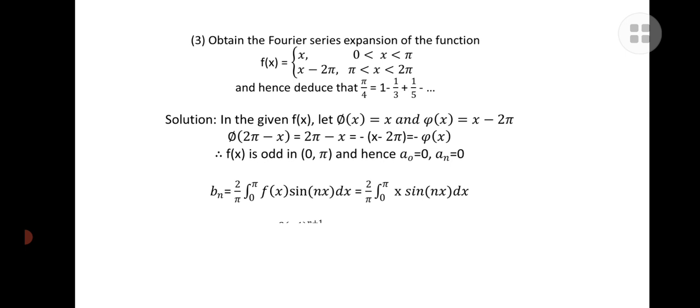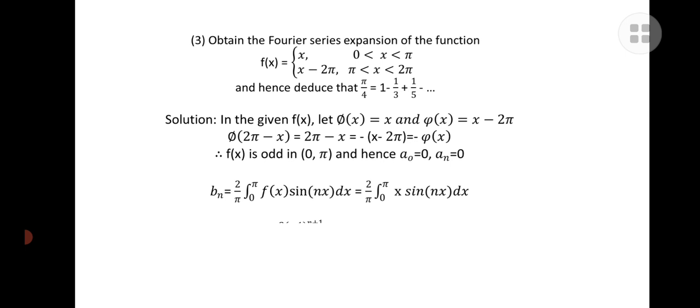So that means the function is odd in the interval 0 to pi, and hence for the odd function we know that a0 and a_n are 0. So the only thing we have to find is the value of b_n in the Fourier series.